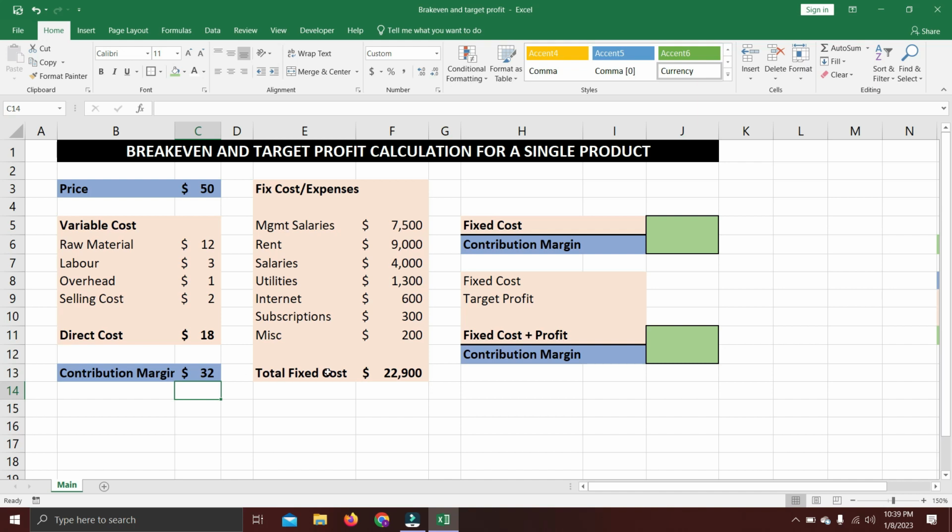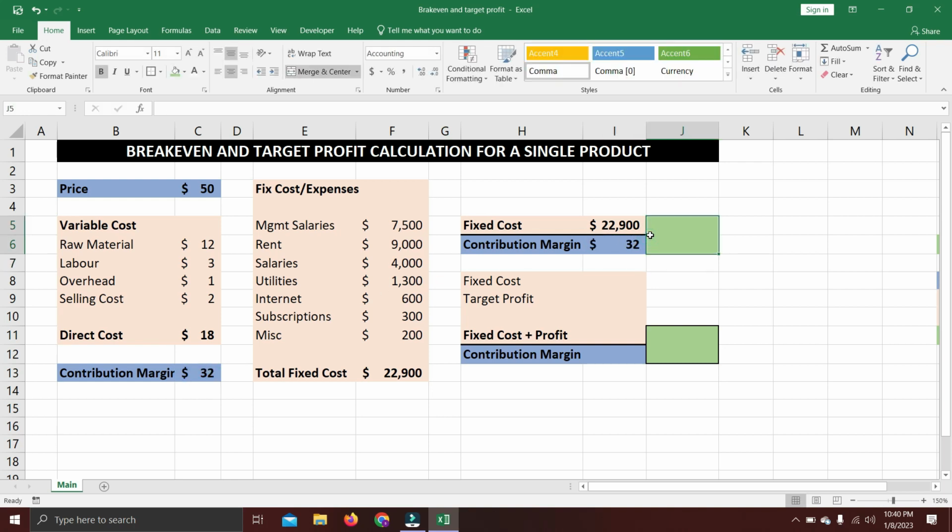Now we have fixed cost here and also contribution margin, so we can calculate the break-even point. We will need fixed cost, so I will press equals and get it from here. For contribution margin, equals and then C13 and enter. So we have both here.